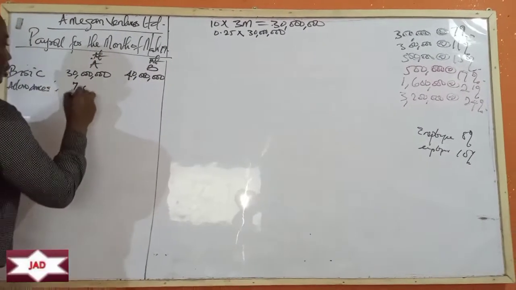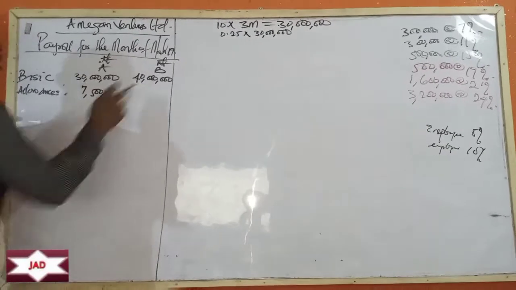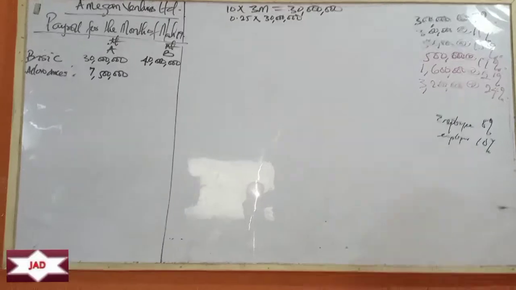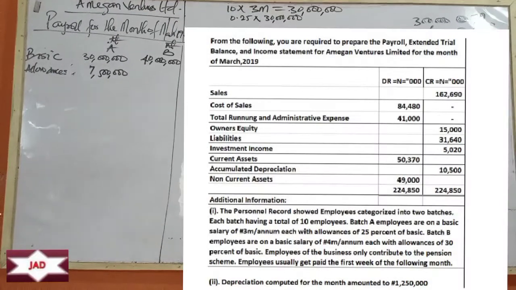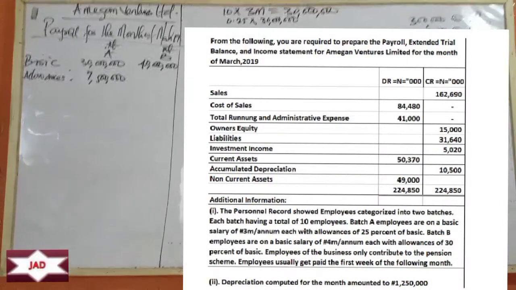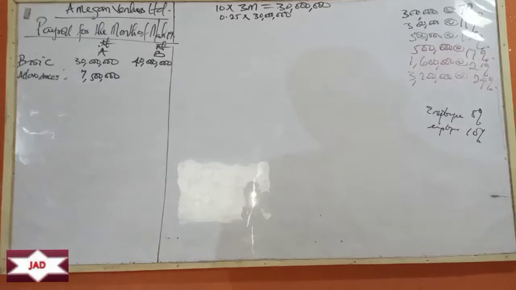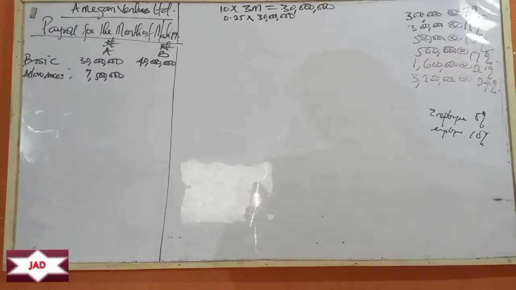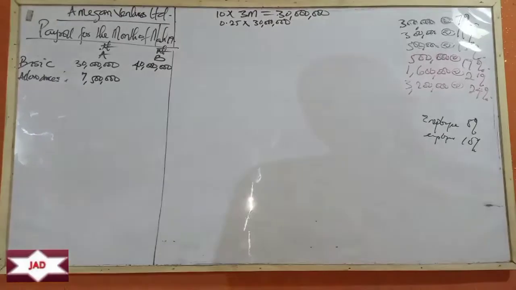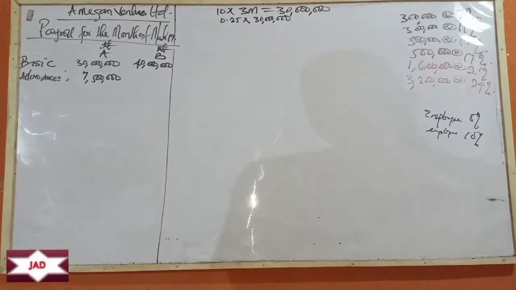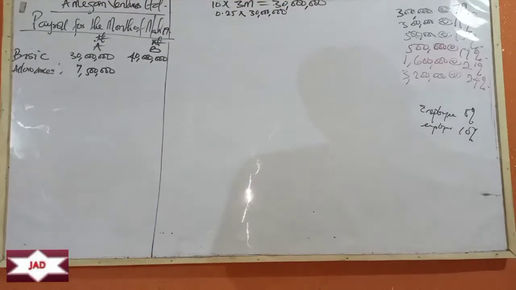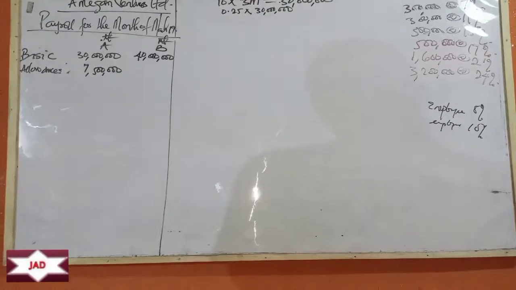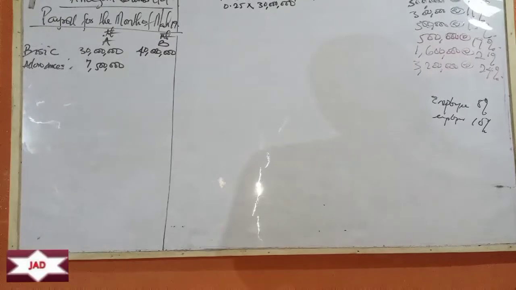So we have 7,500,000. For batch B, they said 30% of basic. So we have 0.3 times 40 million. What do we have there? Is it 12 million? Is it 12 million? Okay.